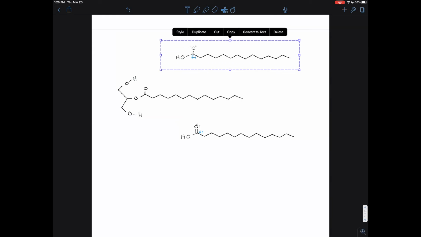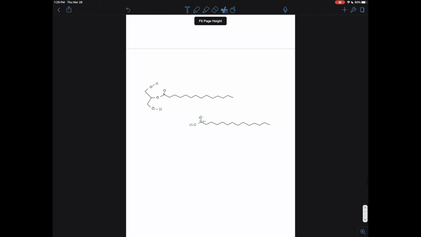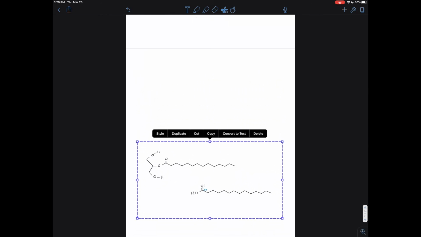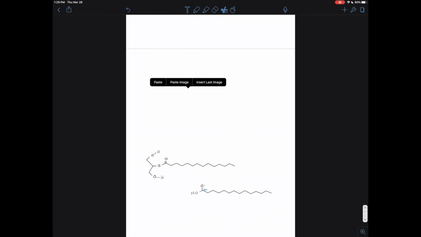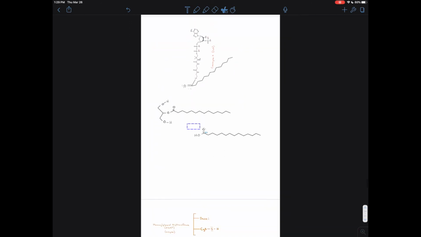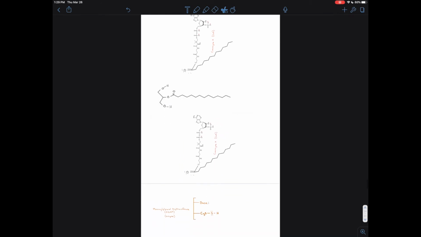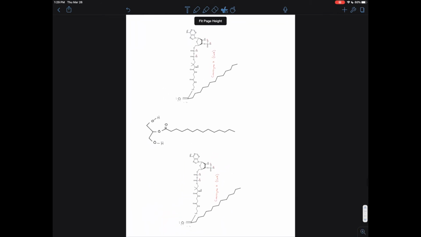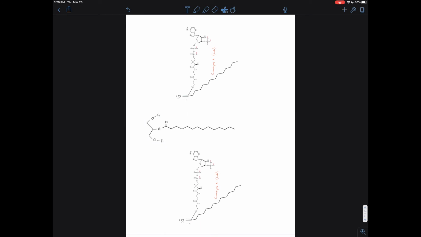And what we've accomplished so far is that each of these fatty acids has been replaced by this fatty acyl-CoA. So now, in the next step, we're going to see how these can recombine.